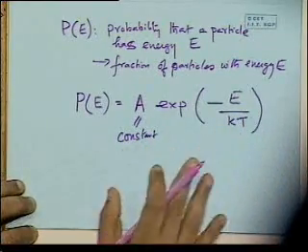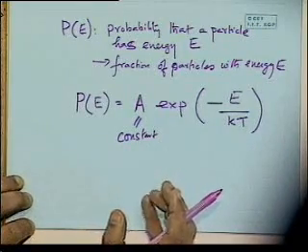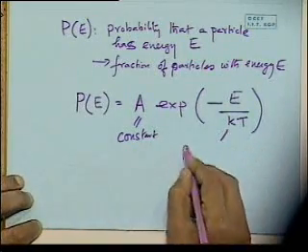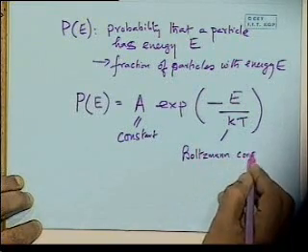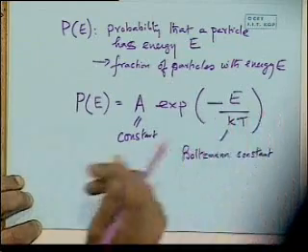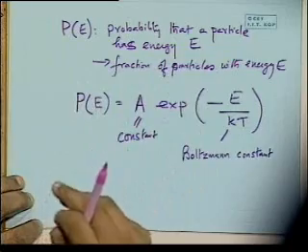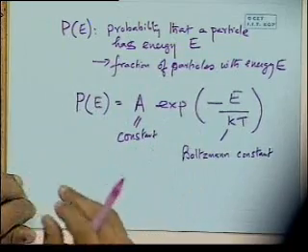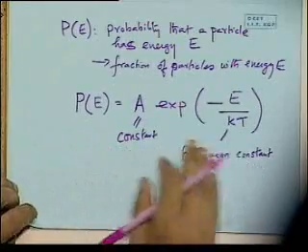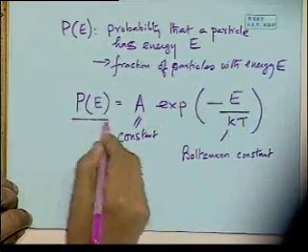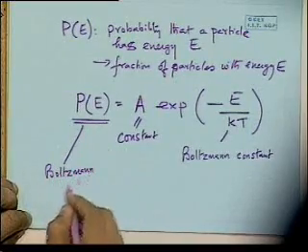Some of these terms come in as best fits to the data, where we know that k is Boltzmann's constant. He had to introduce that constant there to best explain what is observed. So the probability that the particle will have an energy E is given by this, and this P(E) is also known as the Boltzmann probability function.